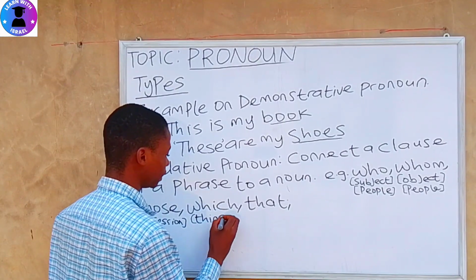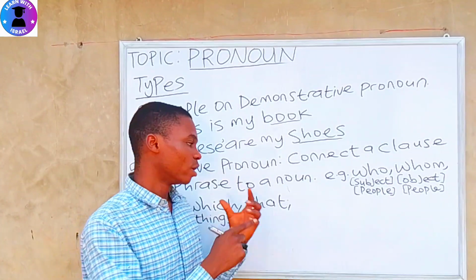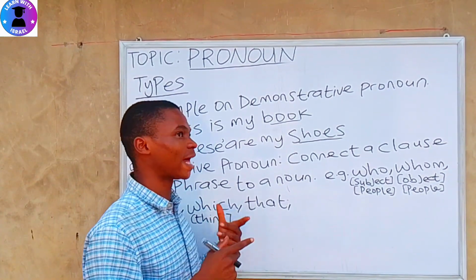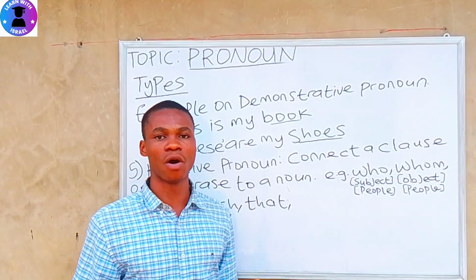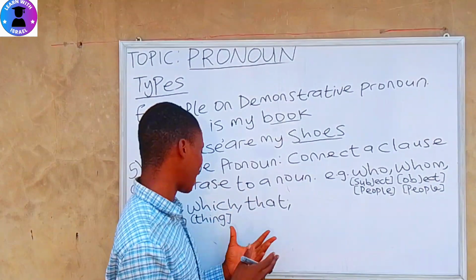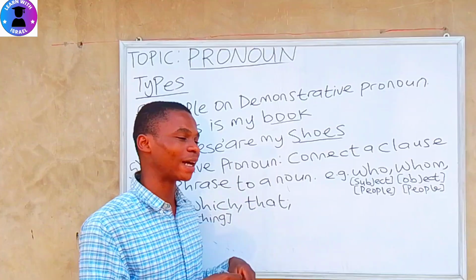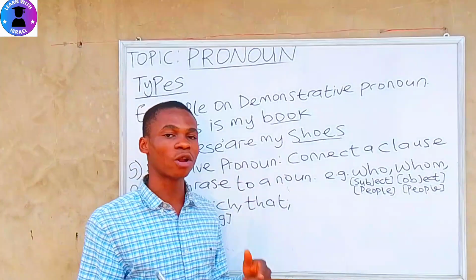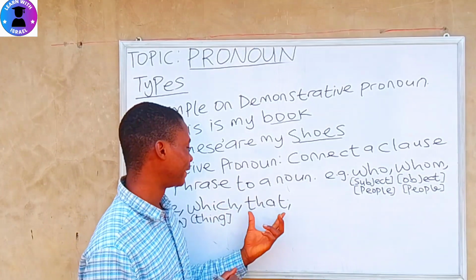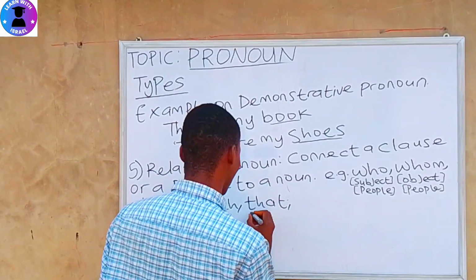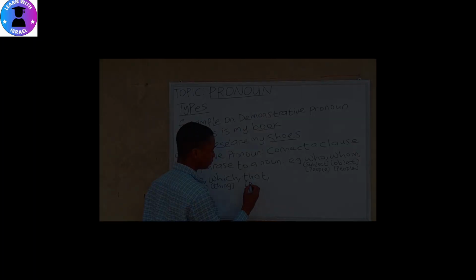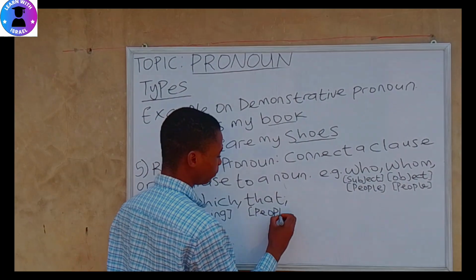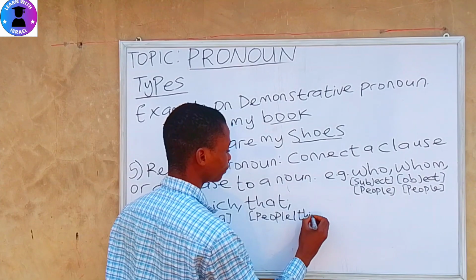You can say, which color attire are you putting on? Which is referring to a particular thing, and that thing is the color attire. And that is referring to people or things.